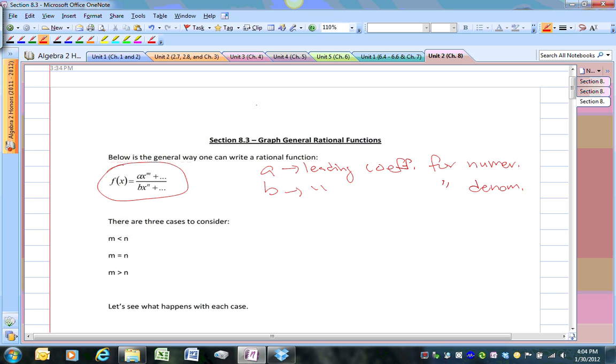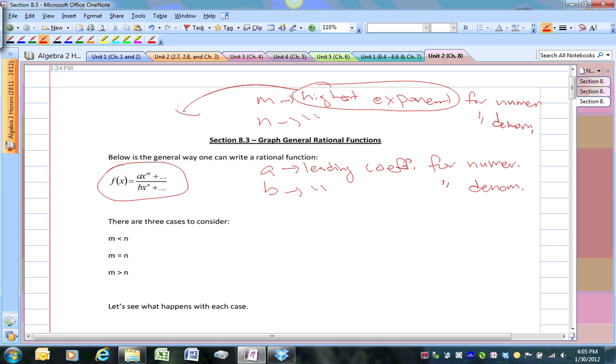M is the highest exponent for your numerator, and N is the highest exponent for the denominator. Usually we tend to call the highest exponent the degree, which I think is a term we've used in this class before.